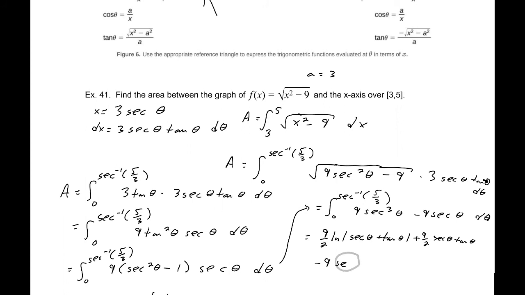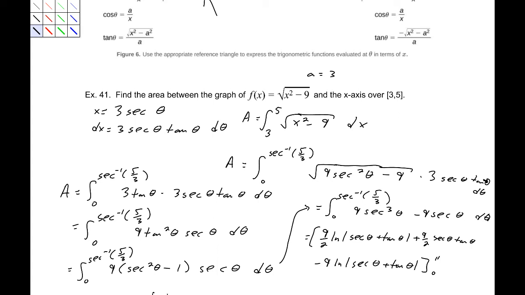Well, the integral of secant is just the natural log of the absolute value of secant theta plus tangent theta. Now, we are evaluating this from 0 to inverse secant.